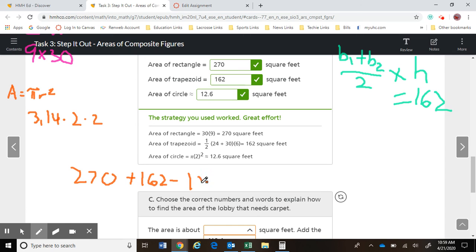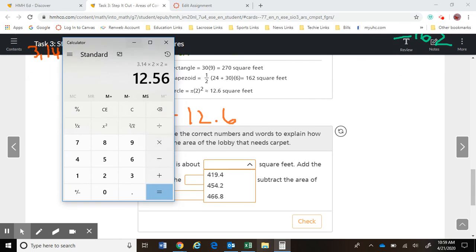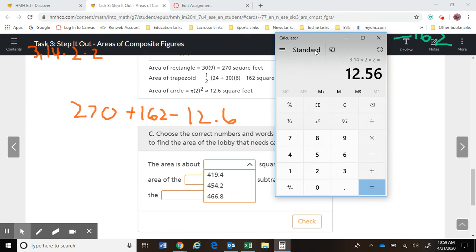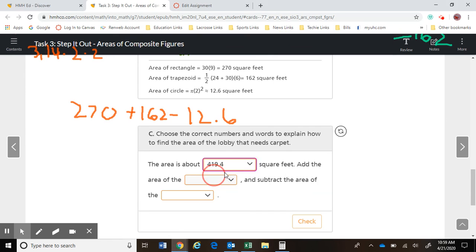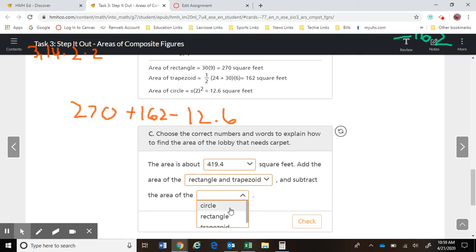So we're actually going to subtract that out. So 270 square feet plus 162 square feet, but we're going to minus out that statue. So that's 419.4 square feet. Add the area of the rectangle and trapezoid, and then subtract the area of the circle.